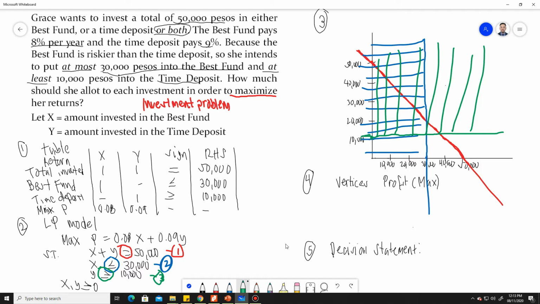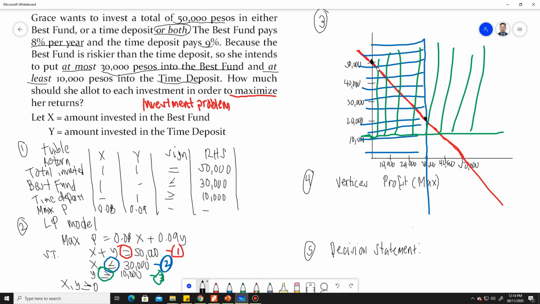So we have two vertex, analyze nyo. Unang vertex yung dito, first vertex, and the second vertex is here, kung saan sila nagkaroon ng common shading. So dito sa part na to wala, dito walang common kasi ang shading natin sa red is along the line.